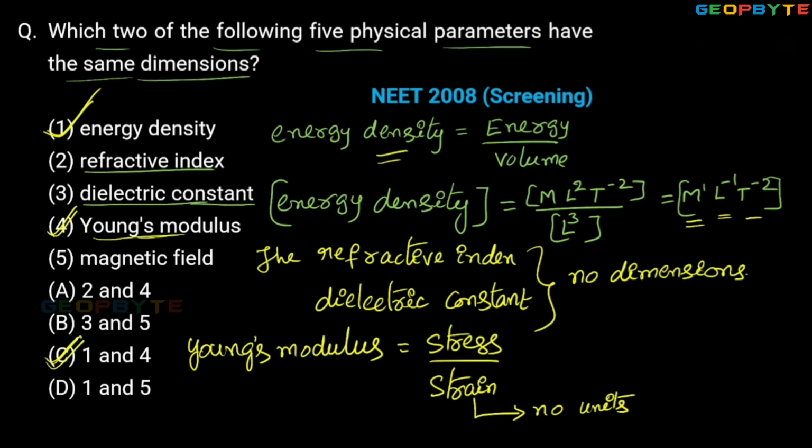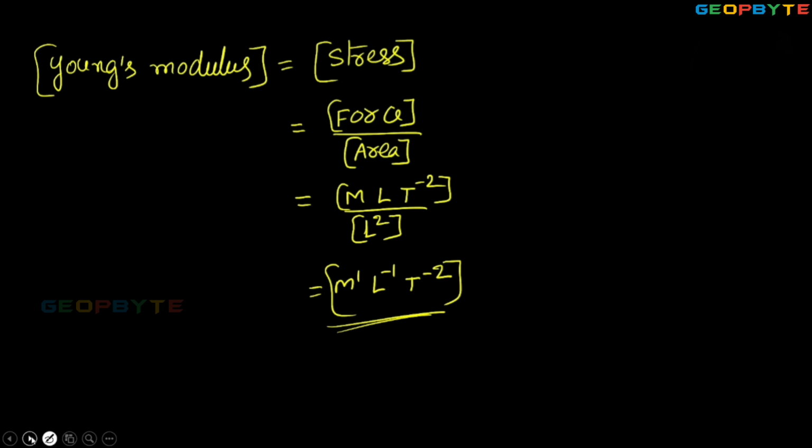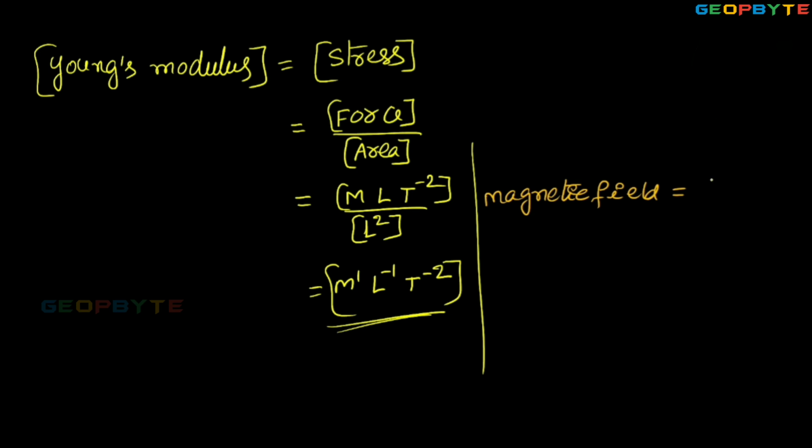Okay. So, if you ask me to decide the dimensional formula for magnetic field, magnetic field equal to what? Force dividing by current multiplied by length.